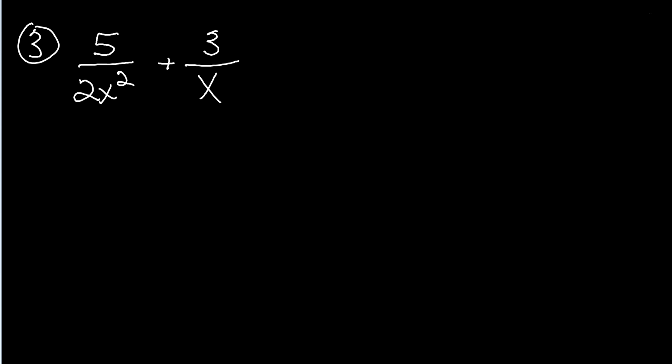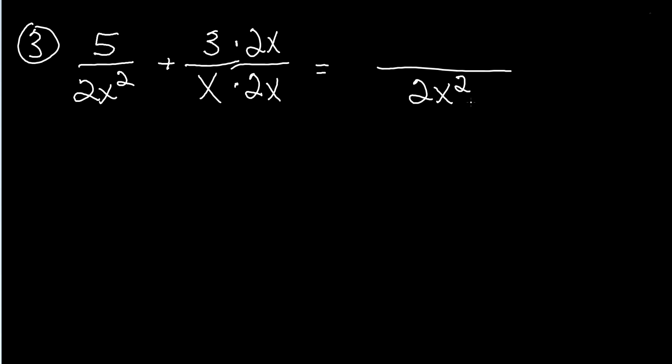Okay, how about number 3 here? I've got 2x squared, and this is x, so what can I do to that x to make it a 2x squared? I can multiply it by 2x, to the top and the bottom. So I can see I have my denominator as 2x squared, and then what have I got up top?